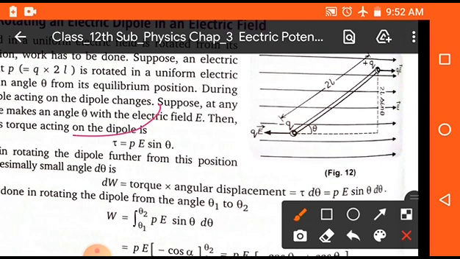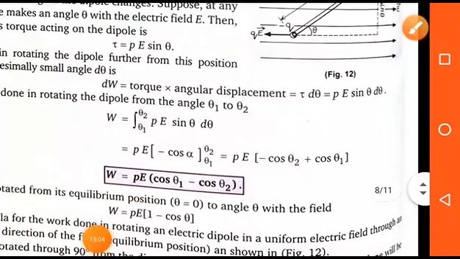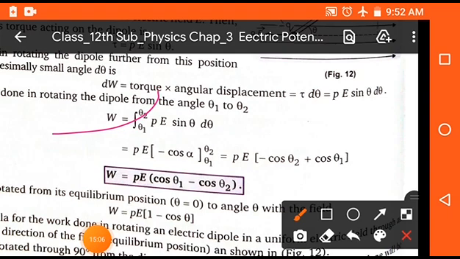The small work done dW is equal to torque into angular displacement, that is tau into d theta, and on putting the values we get p E sin theta d theta. Now integrating from theta 1 to theta 2, where theta 1 is the initial position and theta 2 is the final position, we get W is equal to p E (cos theta 1 minus cos theta 2). On putting the values of theta 1 and theta 2, we get the required work done for rotating an electric dipole in the electric field.